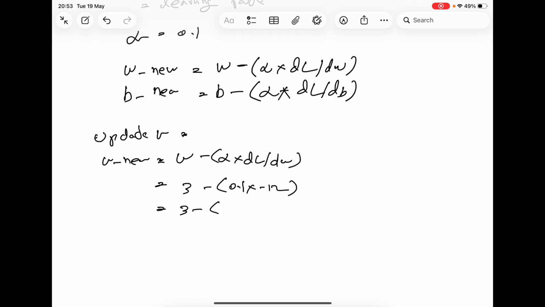Let me use my calculator because I'm a little bit bad with these calculations. Minus 12 times 0.1, so 3 plus 1.2 gives 4.2.